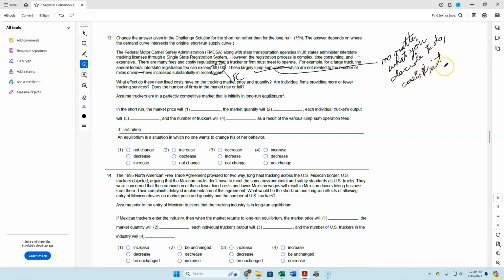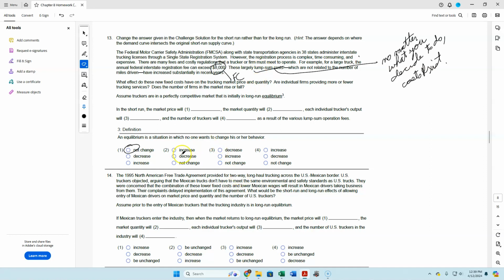Now, what a lump sum specifically means is that we wouldn't change our actions because we can't go back in time and decide whether we want to operate the truck or not. It just exists. What that would mean for us in terms of the price is that the price is not going to change because the market's not going to be affected by this lump sum cost.